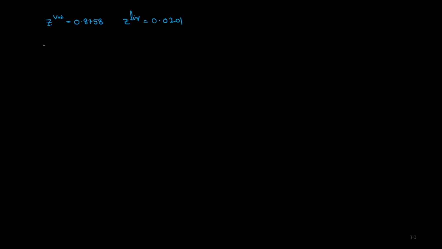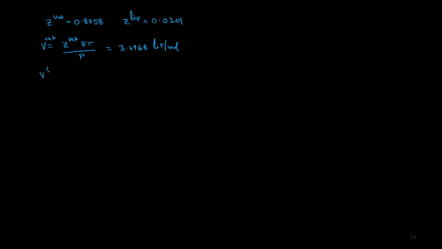Based on these roots, I can calculate the molar volume. For the vapor, it's going to be Z for the vapor times RT over P. Now recall that RT over P is the molar volume for the ideal gas. So this is the vapor molar volume, right? And this number turns out to be 3.4968 liters per mole.